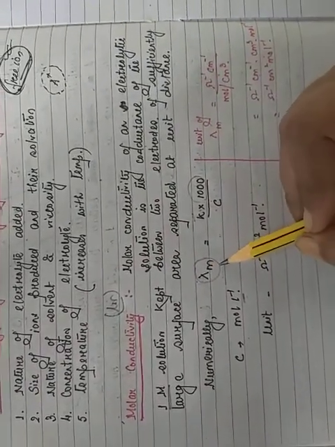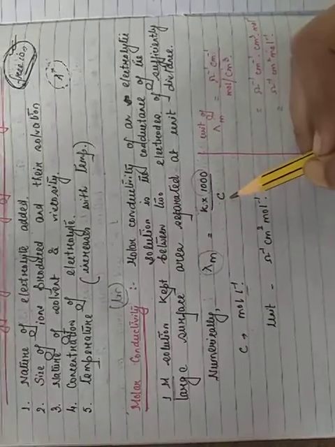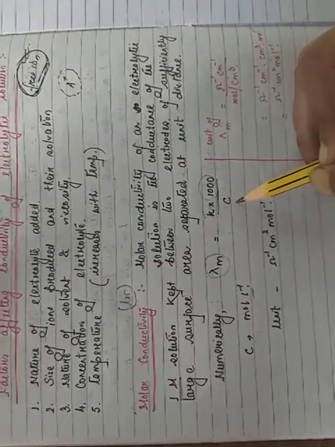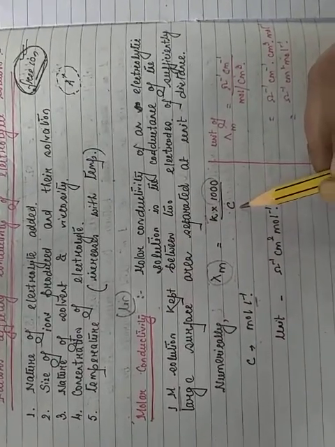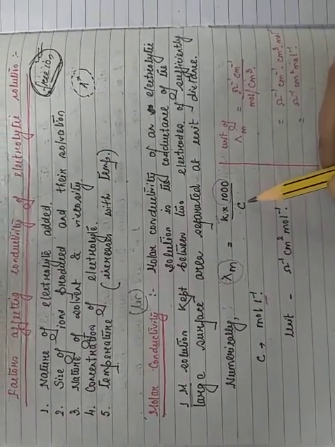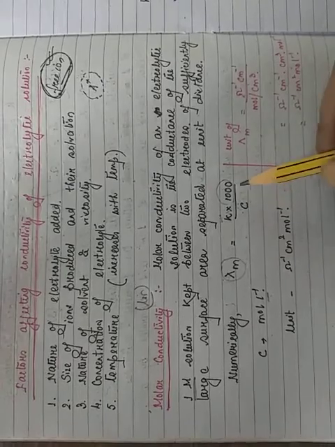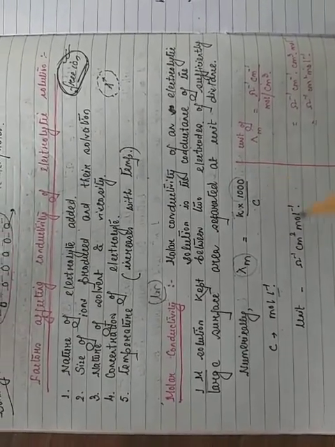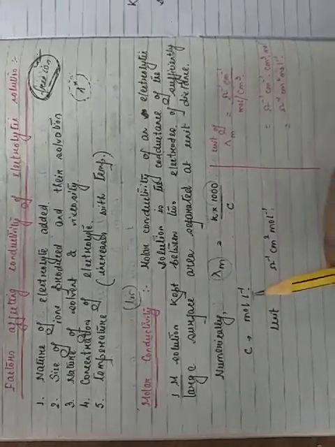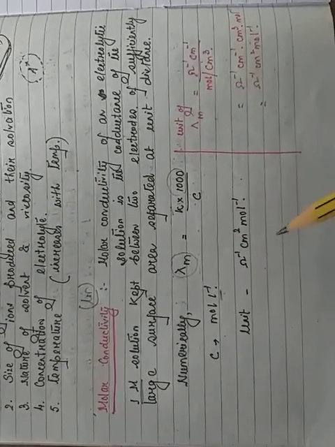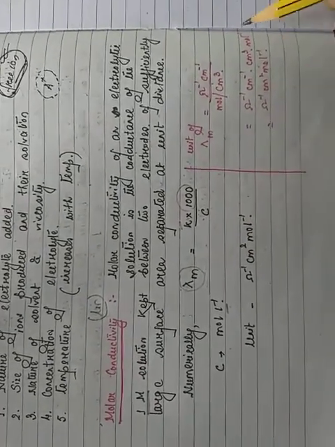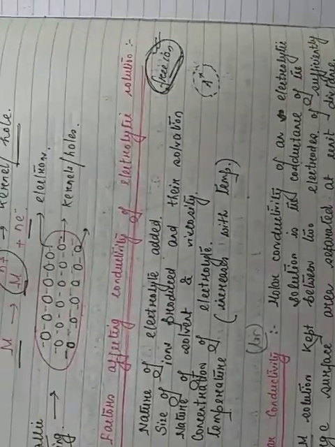So numerically this is equal to K by C, where C is the concentration, usually in molarity, and in order to change the concentration from moles per liter to moles per milliliter, 1000 is there. So C is in moles per liter, and finally the unit is ohm inverse centimeter square mole inverse. Here is the solution how we got this unit.